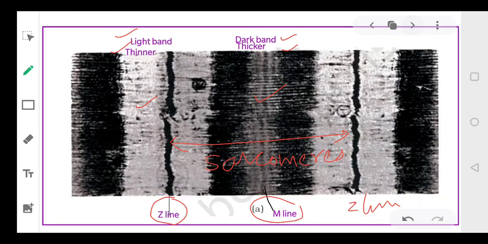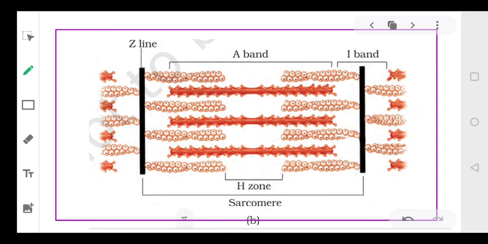Let's come to this. Now see this portion which is overlapping. This overlapping portion occurs in the resting position. This is your Z line, this is your M line. And this portion which is not overlapping is called H zone.